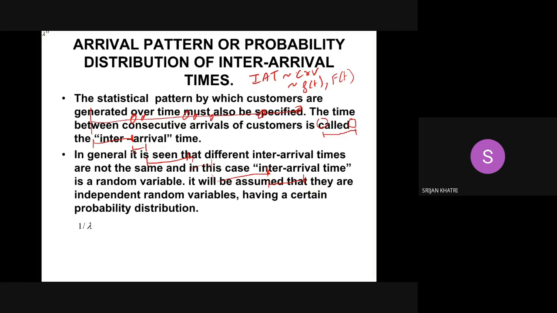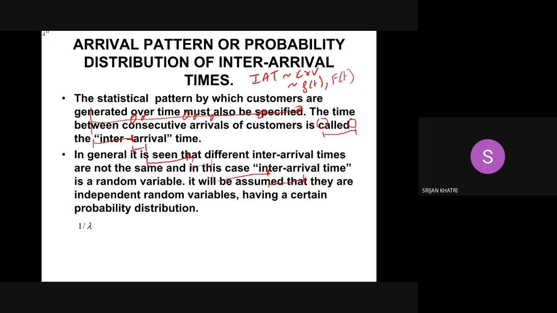In case the inter-arrival time is a random variable, it will be assumed that they are independent random variables. Naturally, when past customers have joined, or when the future customer will join, it is immaterial to me. So all the inter-arrival times are independent of each other, having a certain probability distribution.